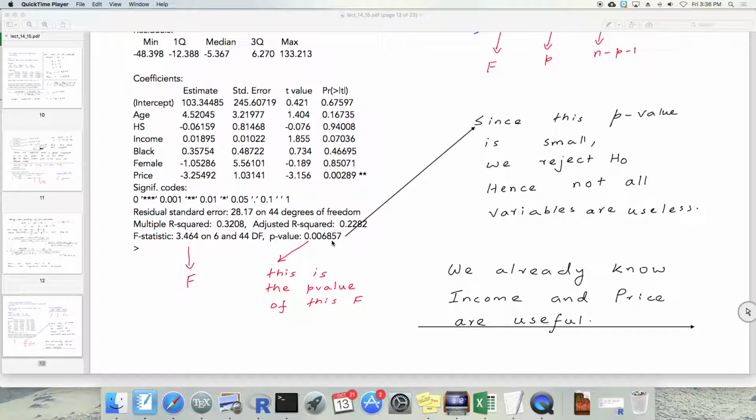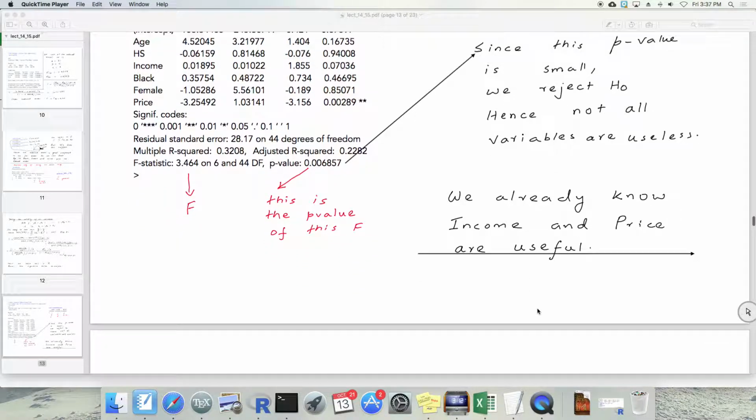That's not good for H0. So we are rejecting the idea that all variables are useless. That means some variables are definitely useful, as we know that income and price are useful. Next, we start with a new example.